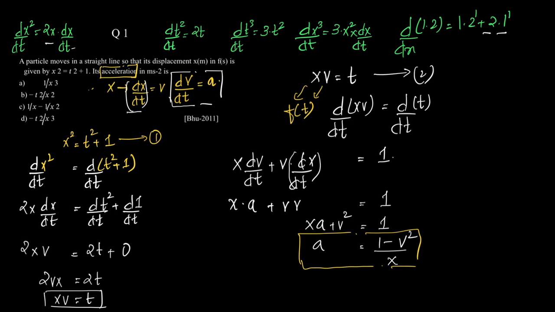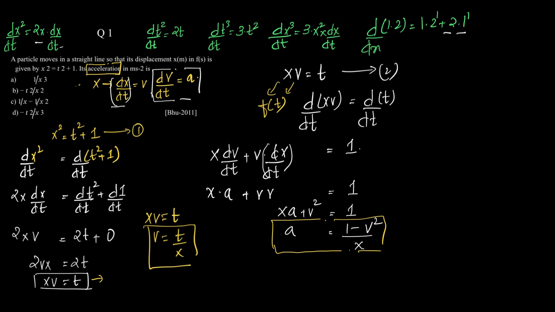See, I didn't name this equation, so let us name this as some equation. So xv is equal to t implies, what is v is equal to? V will be equal to t by x, right? So I can change this equation here. What do I get? I can write that a is equal to 1 minus, instead of v, what do we have?